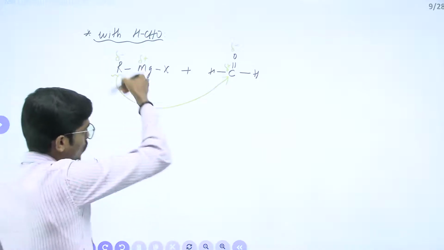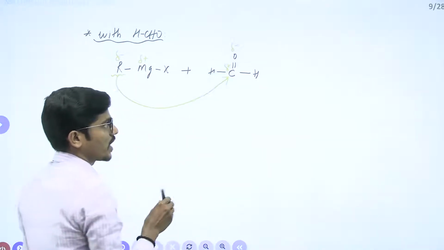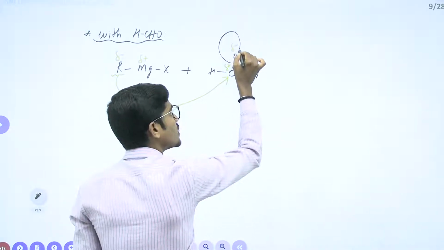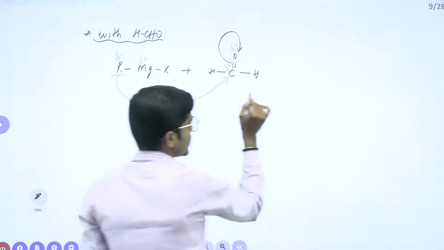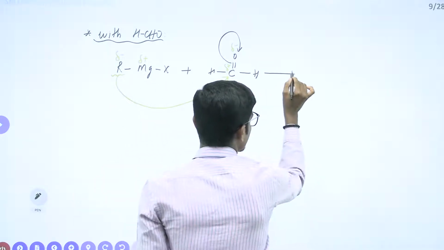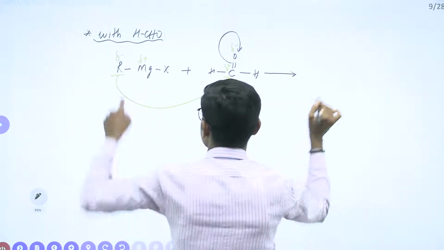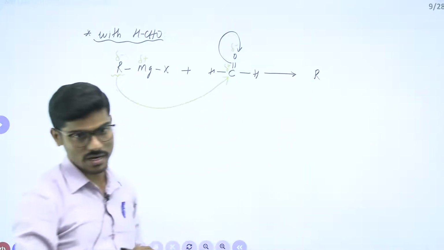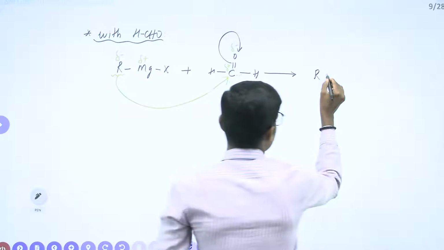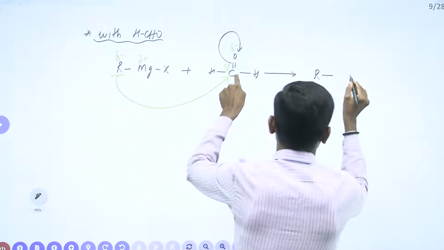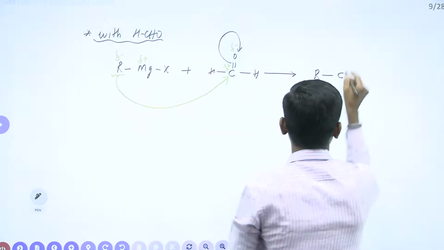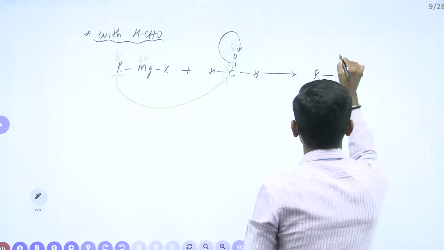When the R group attacks this carbon atom, one of the bonds gets shifted onto oxygen. As a result, it gives rise to an intermediate. Look at that intermediate: this is the R group which comes from the Grignard reagent, attached to this carbon atom. This carbon atom is linked with 2 hydrogens. I am writing it as it is, 2 hydrogens.